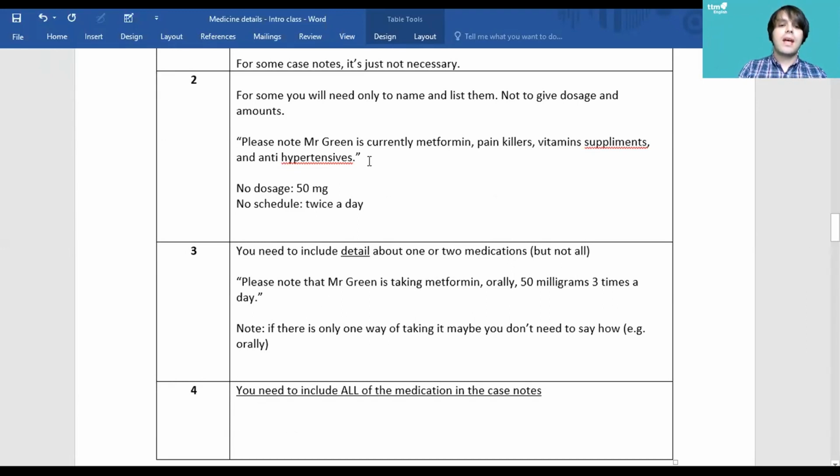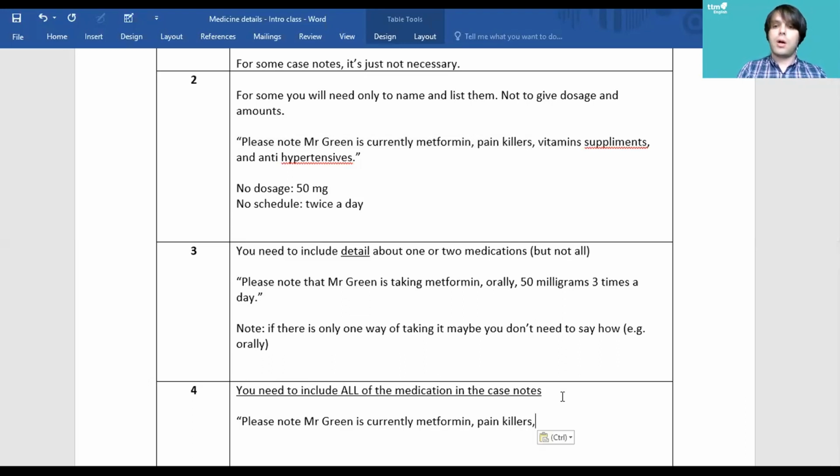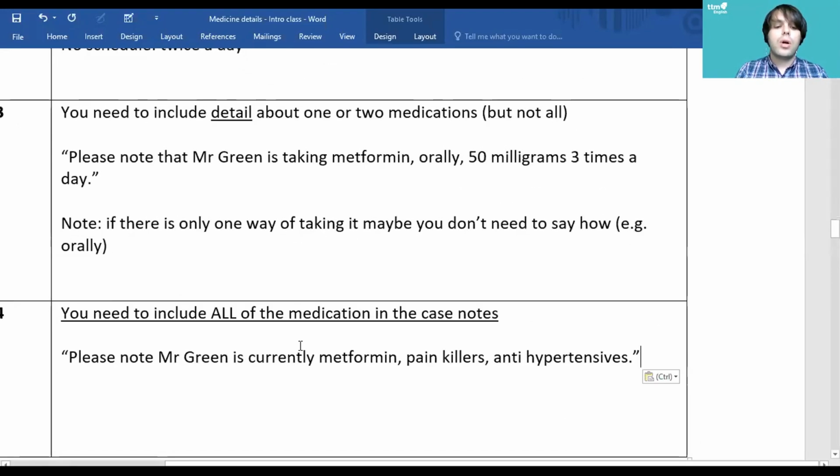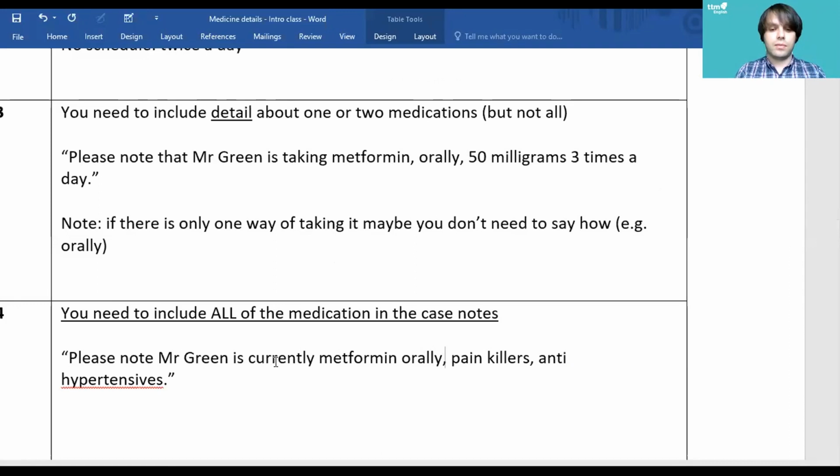All right. I'm going to get this one here. Please note, Mr. Green. I'll just do 2 here. Okay. Now I'll do everything. We'll just do hypertensives. Imagine you had to do 3 here, right? Imagine we've got to do dosage. What would we say? We'd say orally.